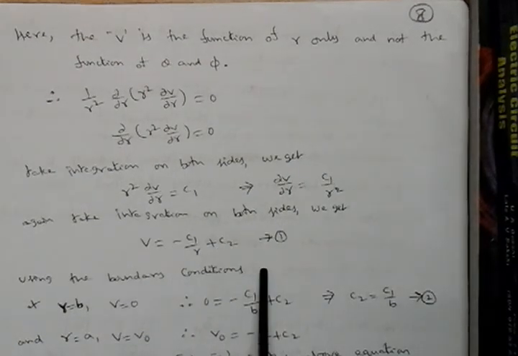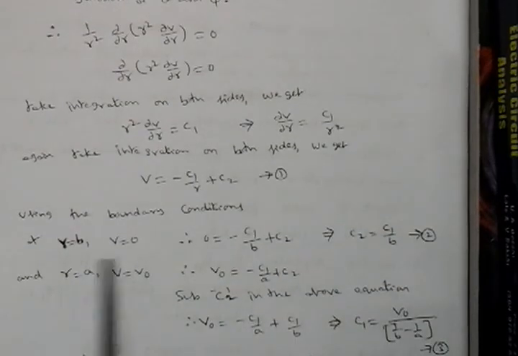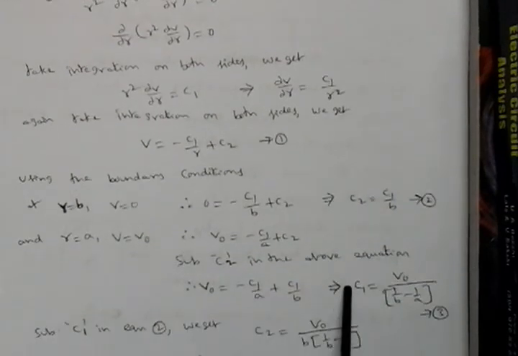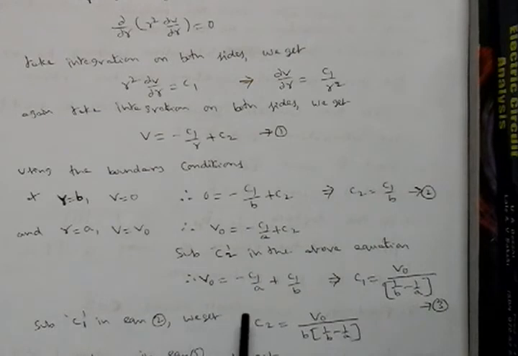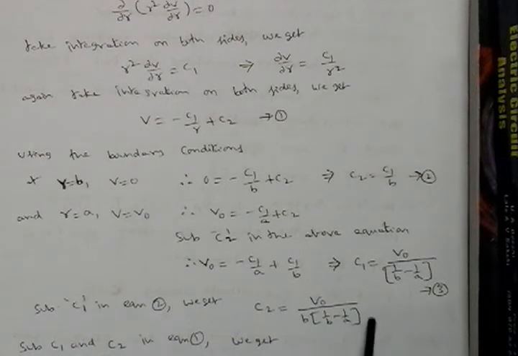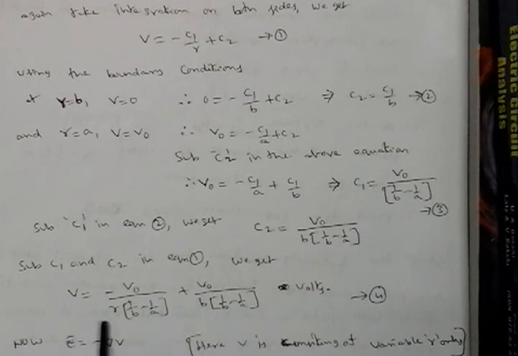We need to determine this C1 and C2. How to determine them? Using these boundary conditions. At R is equal to B, V is equal to 0. At R is equal to A, V is equal to V0. You will get the two constants. C2 is equal to C1 by B. Substitute C1 and C2 in that equation, then finally you will get this expression: V is equal to minus V naught divided by r of (1 by b minus 1 by a) plus V naught divided by b into 1 by a (1 by b minus 1 by a).